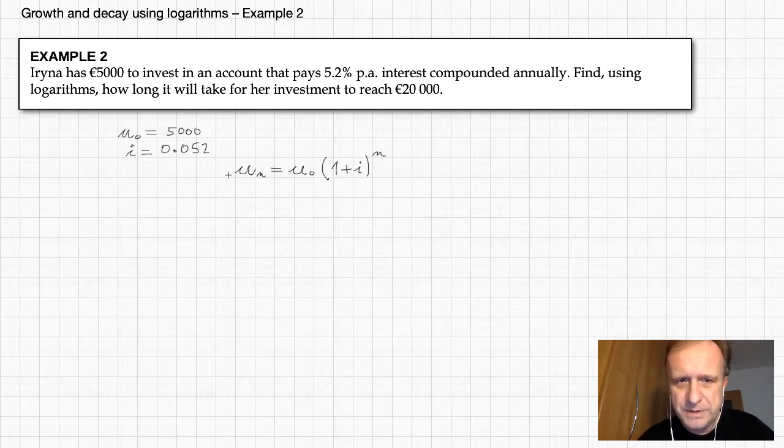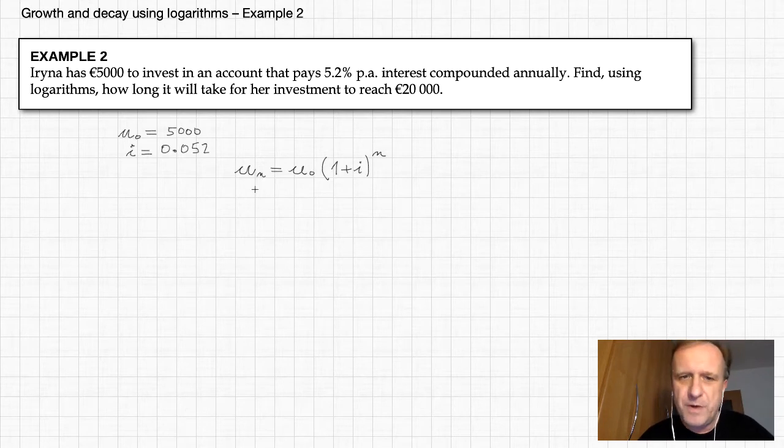Okay, so the original amount is u sub 0, it's 5,000 euros, and after 0 years has passed, you have this bracket raised to 0, which is just 1, so you will have the same amount as you put into your account. So u sub n will be u sub 0 when n is 0, of course.